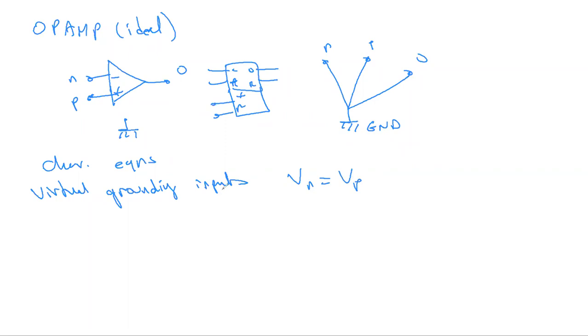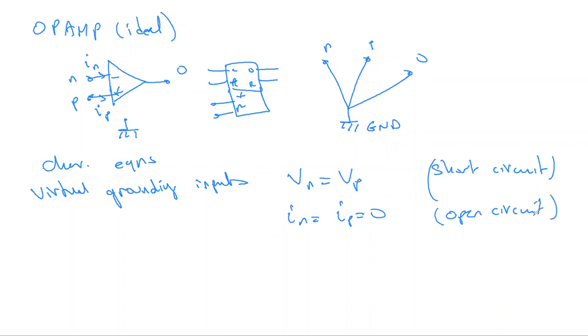Also, when we look at the currents that go in, In and Ip, you will see that In is equal to Ip is equal to 0, and it looks like an open circuit input terminal.